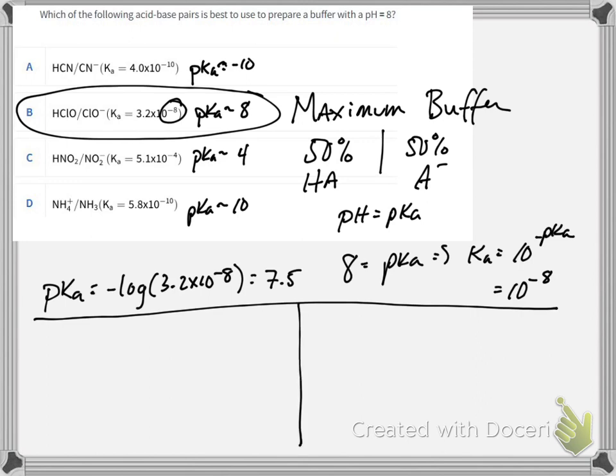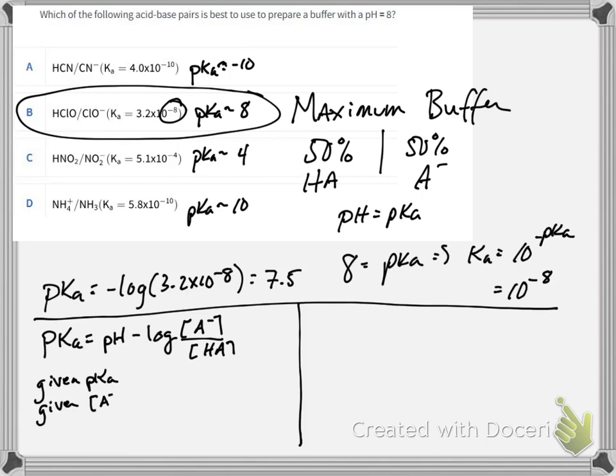What we have is pKa equals pH minus log of the concentration of A minus over HA. We really use this formula when given pKa and the ratio, you know the ratio already, you can calculate pH readily by saying pH is equal to pKa plus log of A minus over HA.